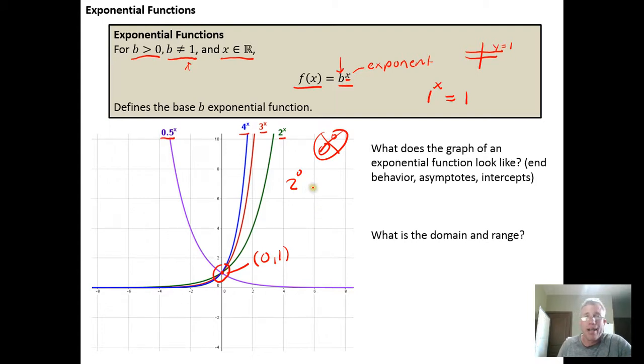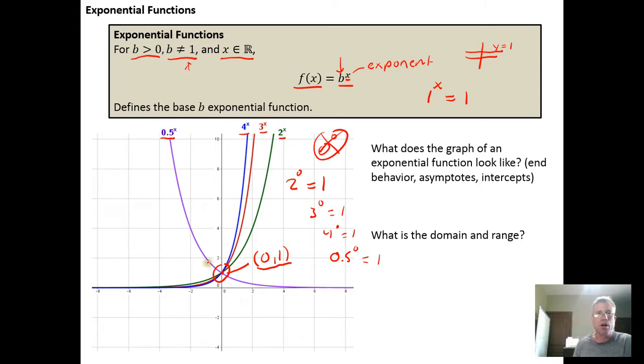But if we do a non-zero number to the 0th power, we get 1. So 2 to the 0 is 1, 3 to the 0 is 1, 4 to the 0 is 1, a half to the 0 is 1, and in general for any exponential function, because we are raising non-zero numbers to the 0th power as we cross the y-axis, the output's always going to be 1 there. So this is a common feature. Every exponential function contains the point (0, 1).